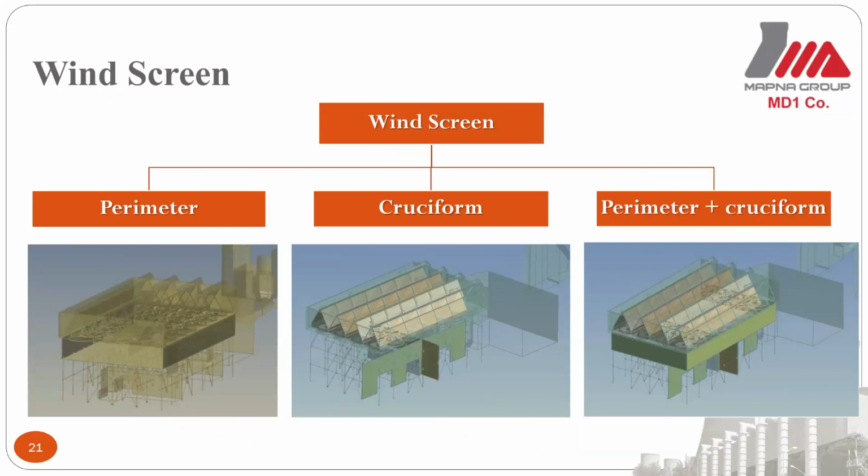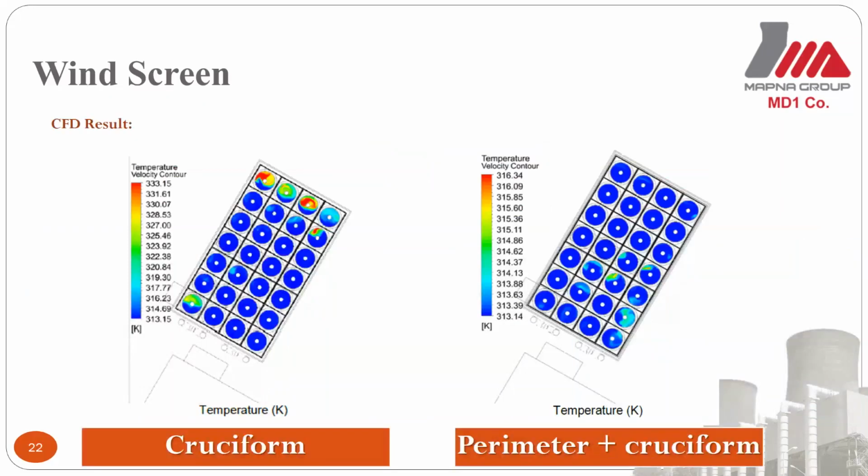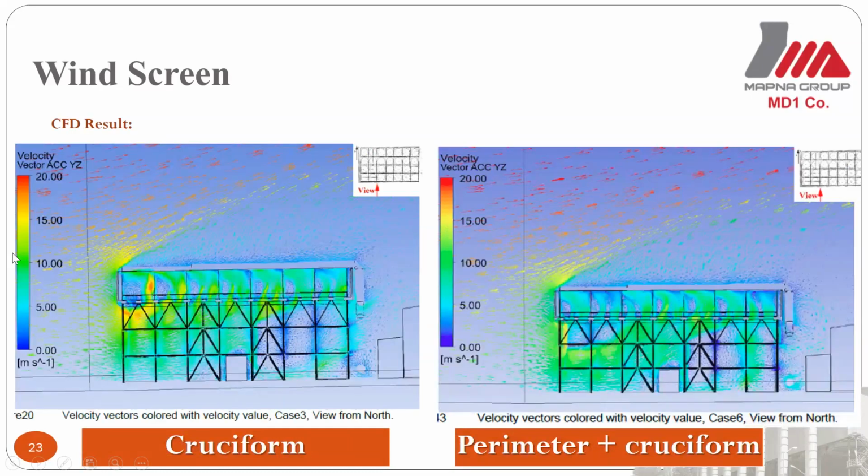The result shows us hot air recirculation is extremely controlled by adding the cruciform window screen, this picture. But the result from the cruciform plus perimeter window screen, the right picture, is very reasonable. Here in these pictures, you can see velocity vectors in the vicinity of the ACC.